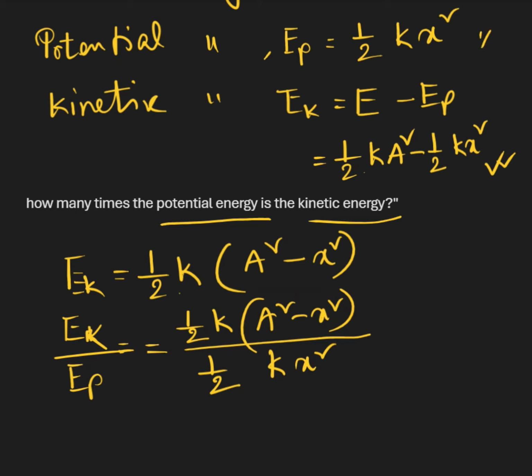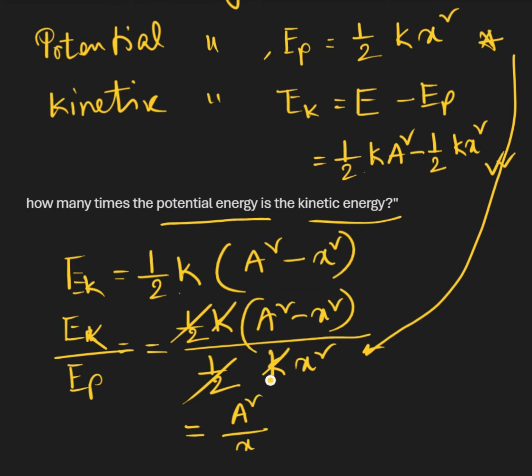Now half cancels out, k cancels out, so we could write down a square by x square minus x square by x square, and the left side will be EK over EP.